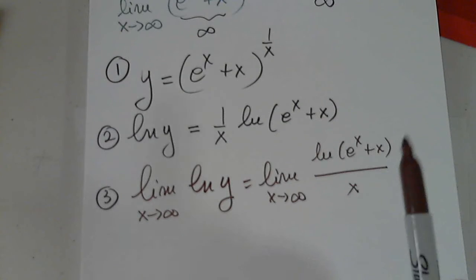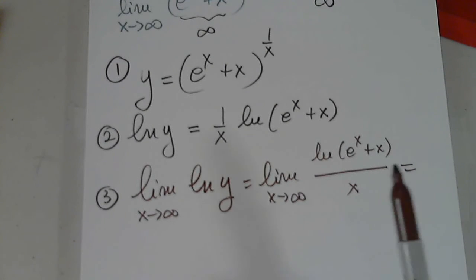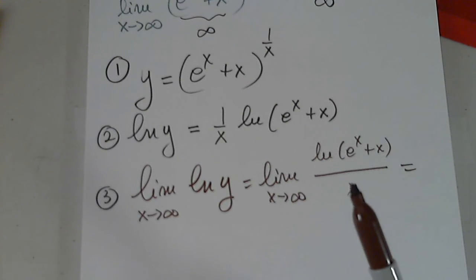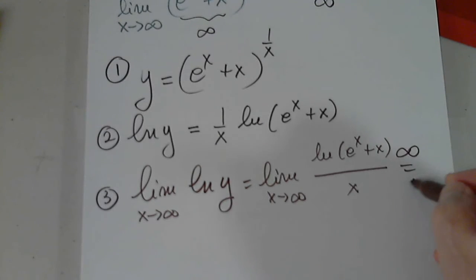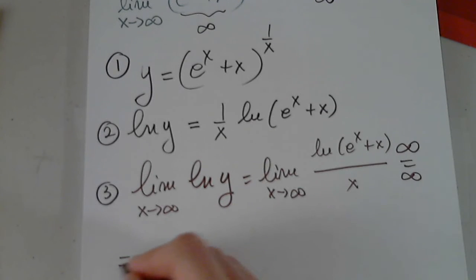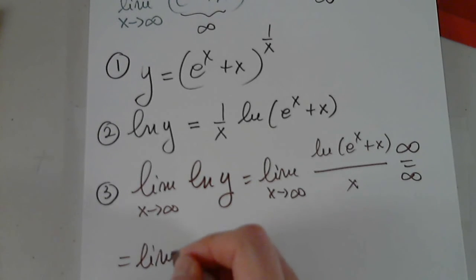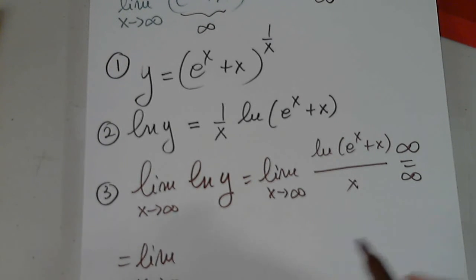So in a roundabout way, I will determine the limit of the natural log first. I'm happy, very happy, because the top goes to infinity, the bottom goes to infinity. Yay! I can apply L'Hopital's rule. No headache on this one at this stage.